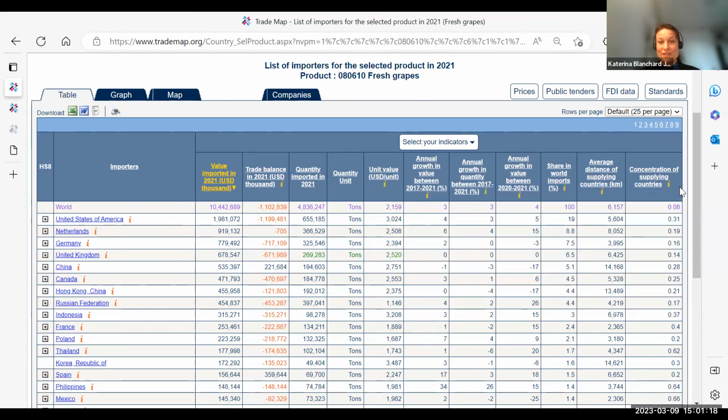So based on what we see here, we can say that the dynamics of the Dutch imports is higher than the world average. This is not the case for the UK market. But what we are doing here is comparing the dynamics for imports from all countries.